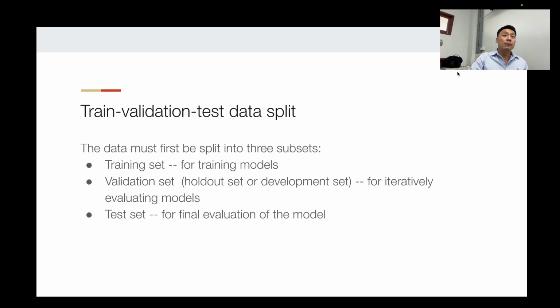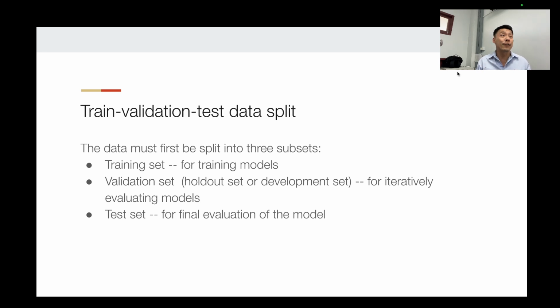To do that, when we have the data, we will always split it into 3 sets: the training set, validation set, and test set. So once we have the dataset, say 10,000 instances, or 10,000 rows, 10,000 records, you can use any of the words: rows, records, instances. We split it into 3 parts, 3 chunks, 3 sets.